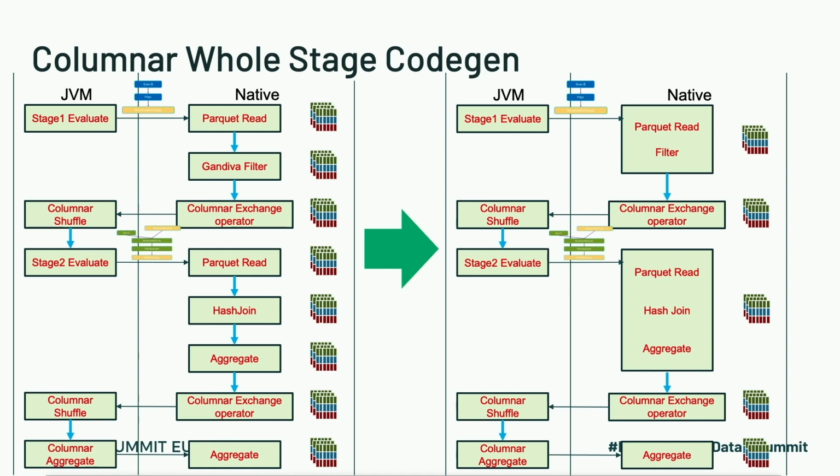Okay, this is the third point. This is the Columnar Whole-stage concept. Initially, when we implemented these features, we first implemented those operators like in the left picture. It's working operator by operator. We then realized the performance is not that good because there is a lot of materialization overhead between those operators.